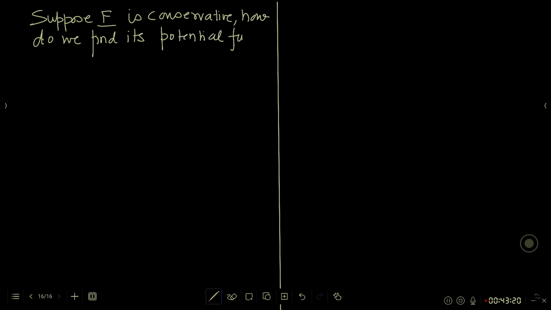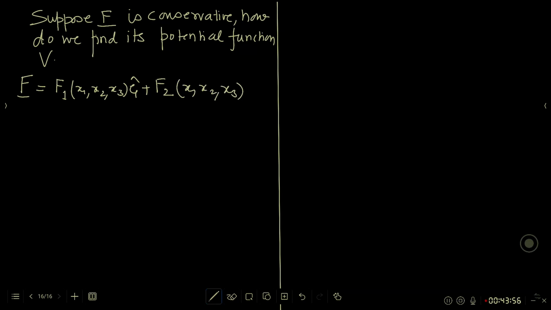So let me write this force as F1, F2, F3 are the scalar components of the force, that may depend on spatial coordinates.